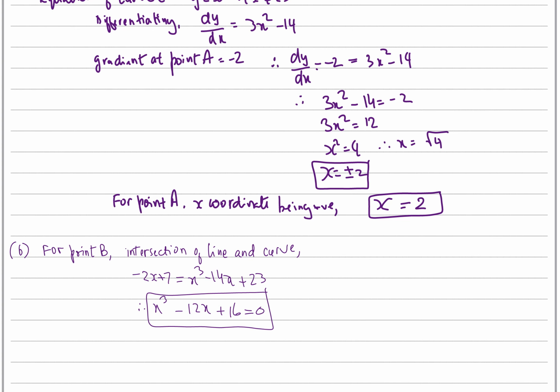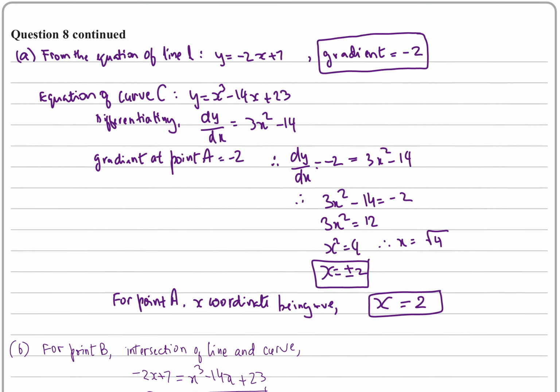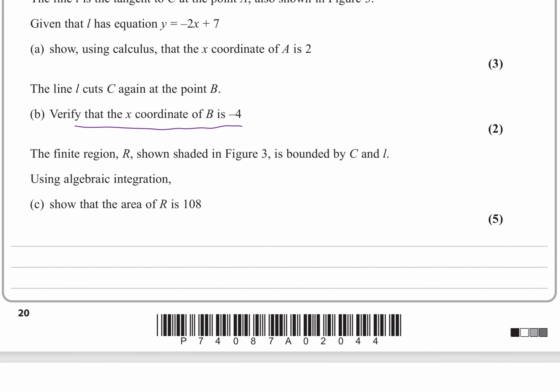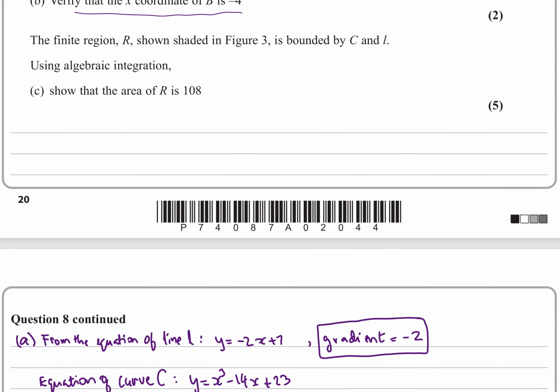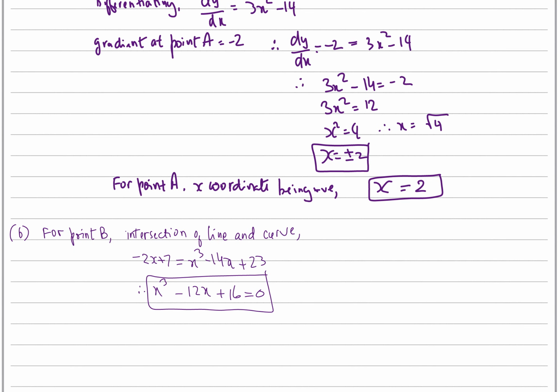Now we need to verify that x is equal to -4 will satisfy this equation, since x is -4 should be the x-coordinate of B.